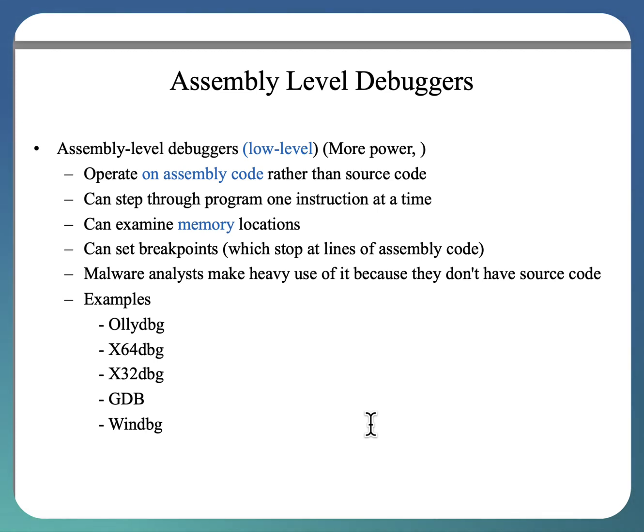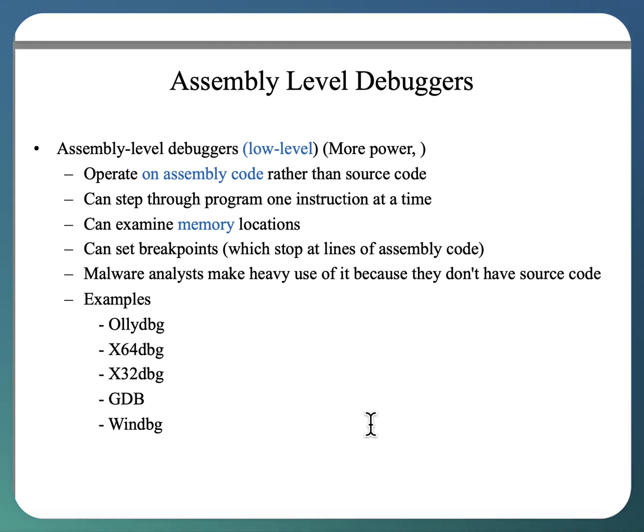Also, you can set breakpoints, and a breakpoint is nothing more than a resource that will allow you to force the application to stop at that specific location. Okay? This specific location can be an assembly line, when a specific assembly instruction is found, or when a specific memory address is used.